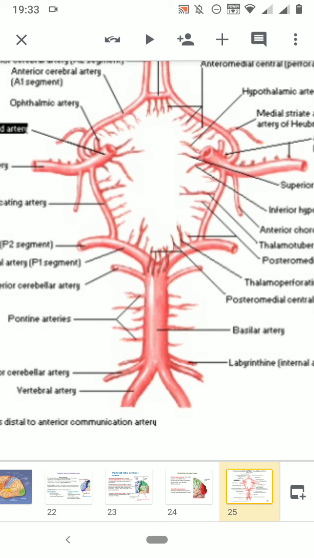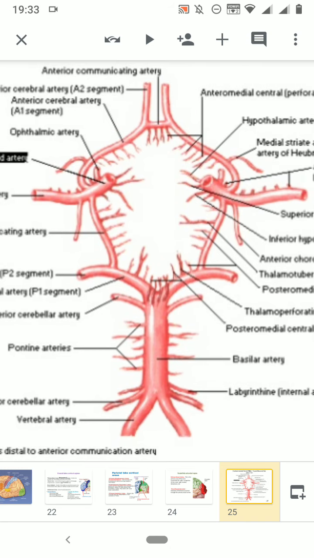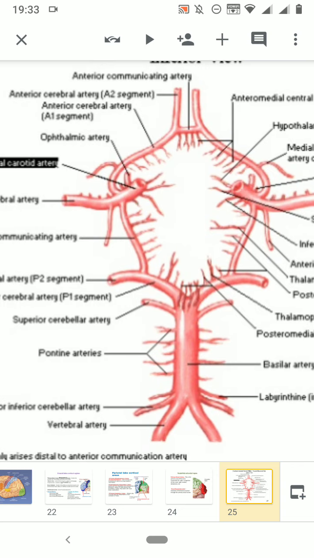Then we have told that the vertebral arteries join together and form the basilar artery at the pontomedullary junction, and the basilar artery will run in the basilar groove on the ventral surface of the pons, and then at the superior border of the pons it divides, giving rise to the posterior cerebral arteries. So you can see that.